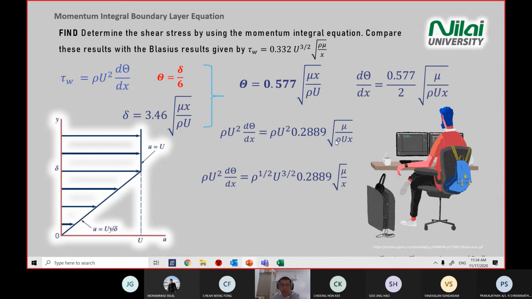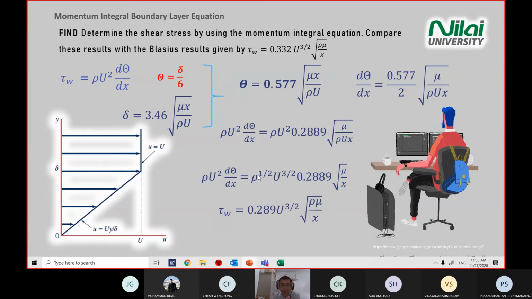So this is u squared, and if you pull out from the square, you get u to the power negative half. Then you rearrange, so your u will have 2 minus half, giving u to the power 3 divided by 2. Rho is the same; you rearrange the index and get rho to the half. Then you can make a comparison between this one and this one.